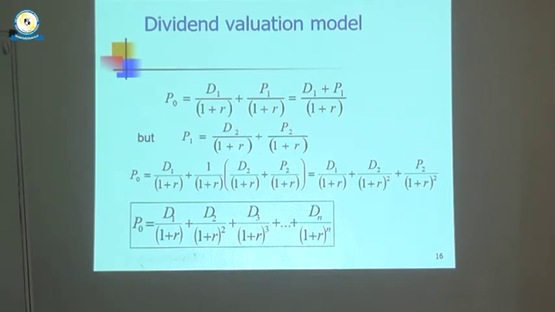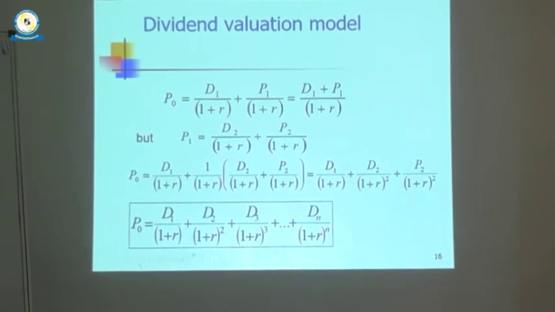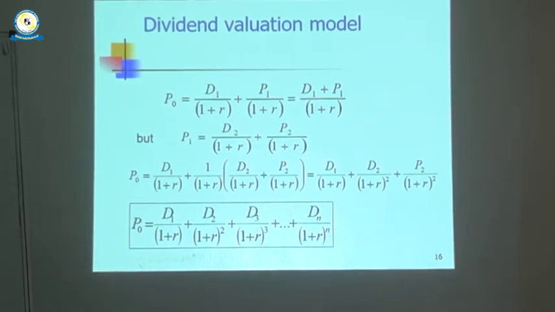Share price is equal to D1 over (1 plus R) power 1, plus D2 over (1 plus R) squared, plus D3 over (1 plus R) cubed, and we go on until the nth term.